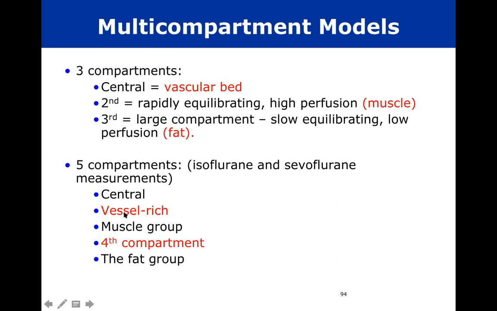In a 5-compartment model, 2 compartments are added: one vessel-rich between the muscle and the central vascular compartment, and a 4th compartment between the fat and the muscle.